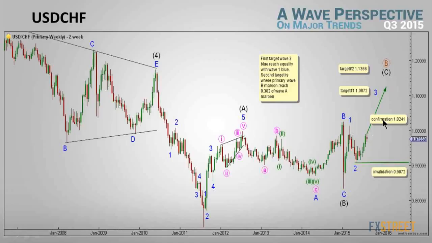Our confidence will increase in the main count by movement above 1.0241, and Swizzy is expected to find resistance near 1.0872, as at that level wave 3 blue will reach equality with wave 1 blue, and if exceeded, then to 1.1366, as at that level wave 3 blue will reach 1.618 the length of wave 1 blue.